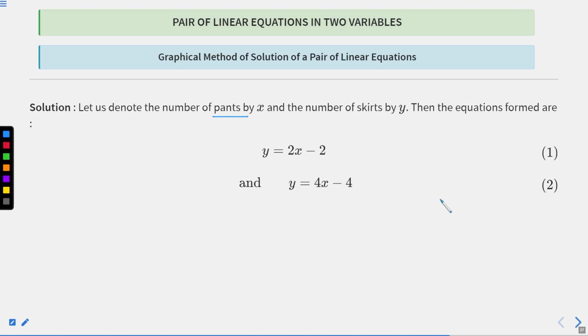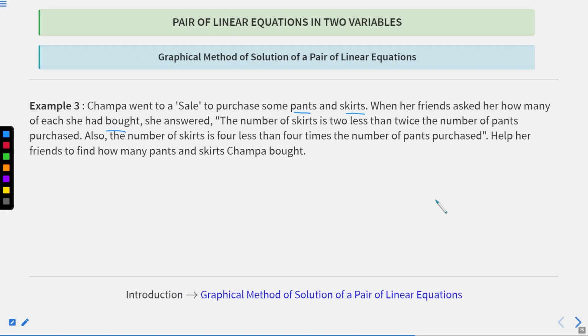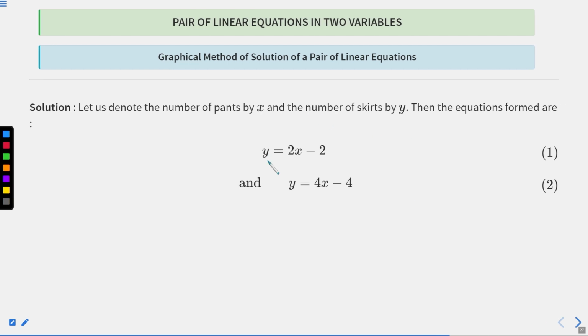Then by using the given information, you will get these linear equations. y is 2x minus 2, since the number of skirts is 2 less than twice the number of pants. So we get this linear equation: y is equal to 2x minus 2.